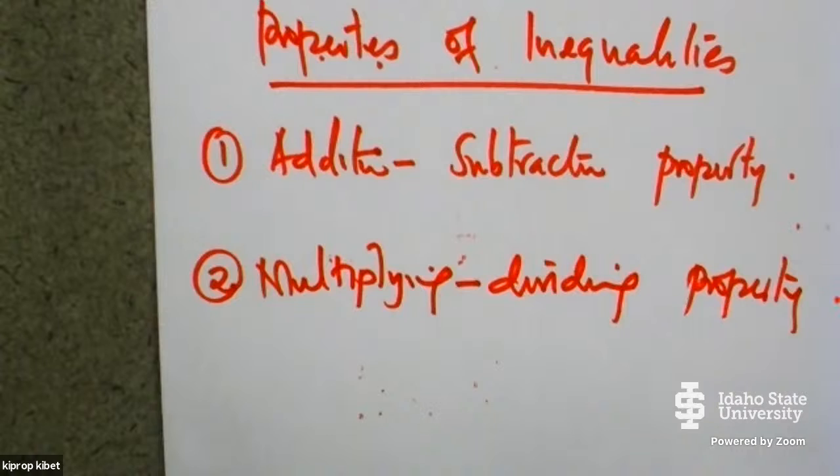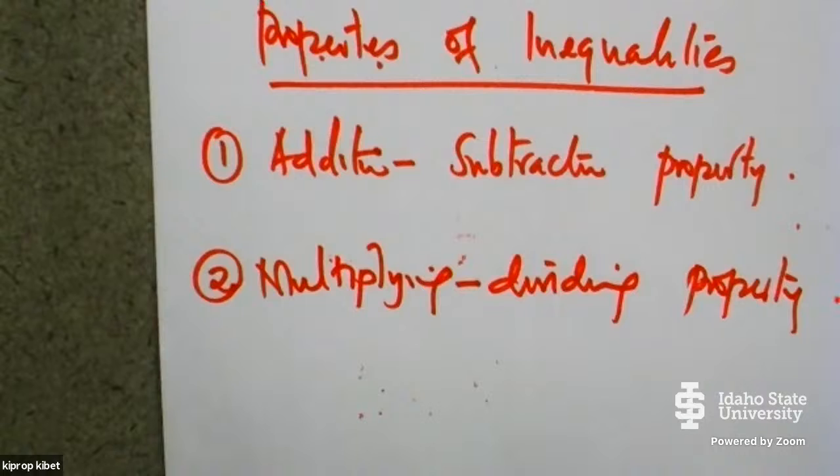For the addition and subtraction property, if the same real number is added or subtracted from each side of the inequality, the resulting inequality is equivalent to the original.